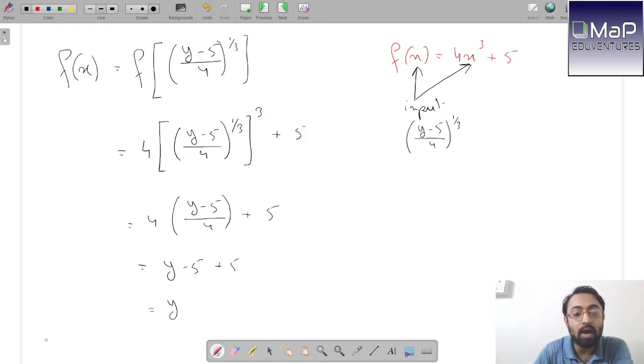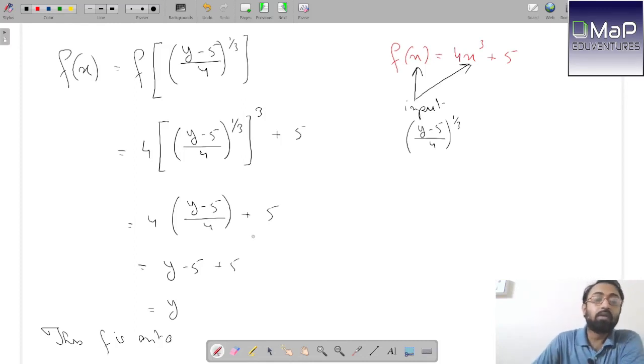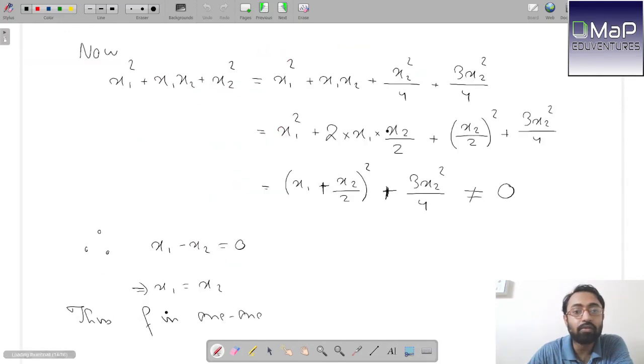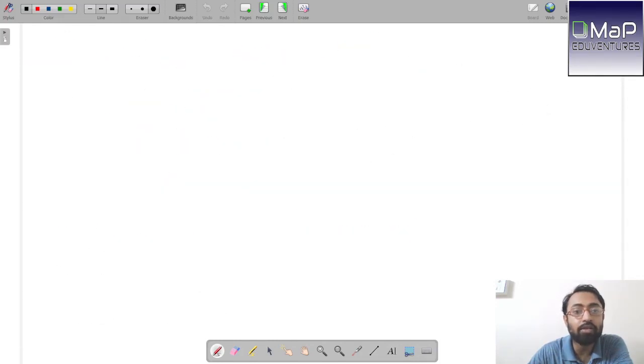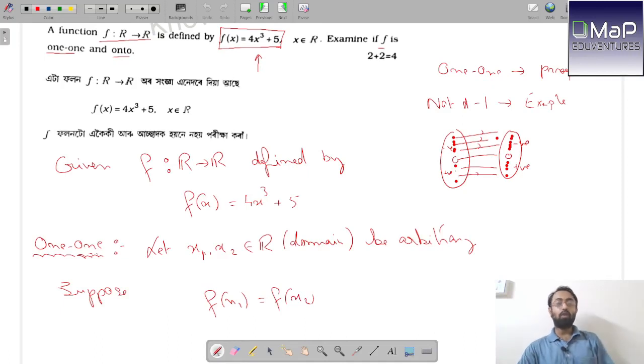Now you can say thus f is onto. Here we discussed onto; the question was to examine whether the function is 1 1 or onto. Here we showed that it is indeed 1 1 and onto.